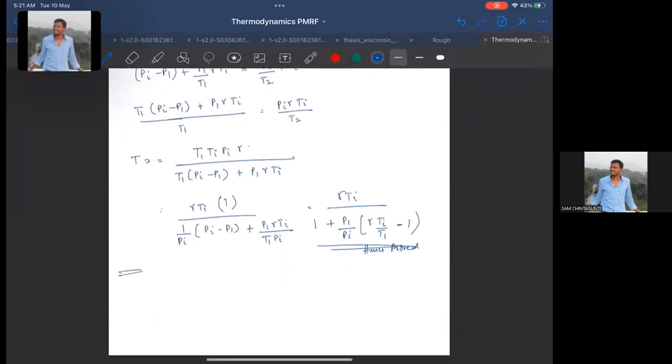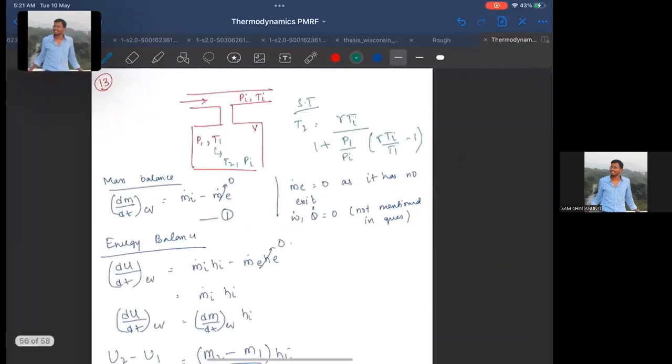Some extension to these questions will be like, initially the cylinder is at vacuum.